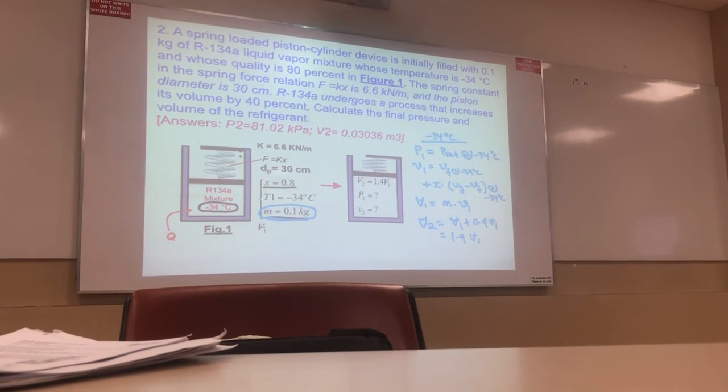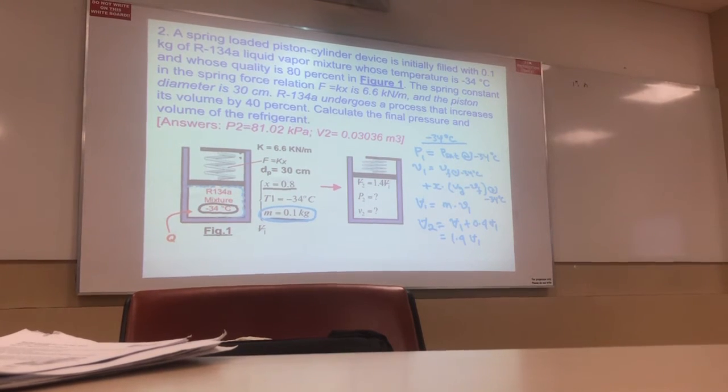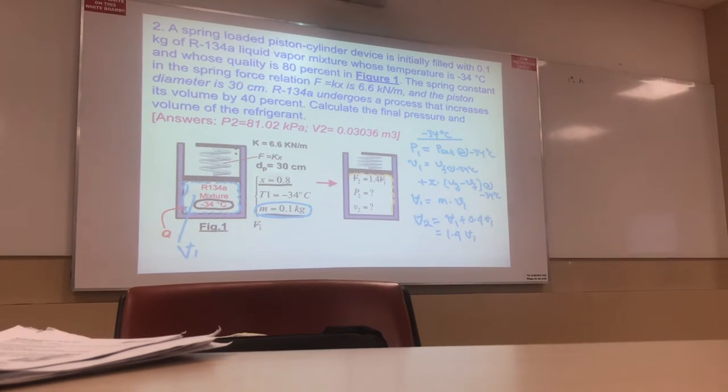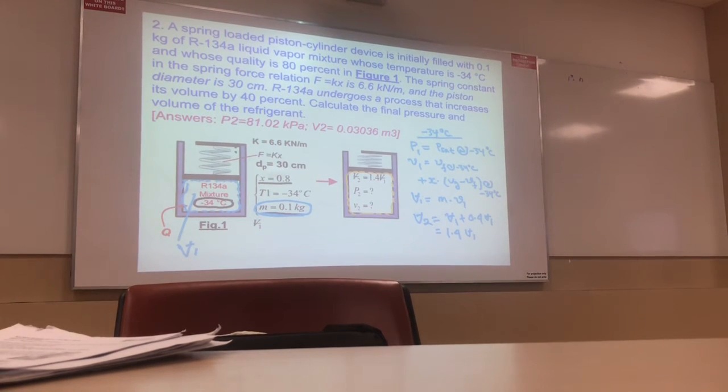This is V2. So what is V1? This is V1, right? I plotted this line. This one is V1 and V2, all this volume. This is V2.